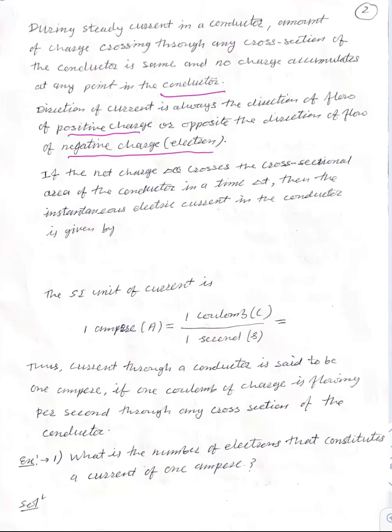If the net charge ΔQ crosses the cross-sectional area of the conductor in a time Δt, then the instantaneous electric current in the conductor is given by I = limit Δt approaches 0 of ΔQ/Δt = dQ/dt.